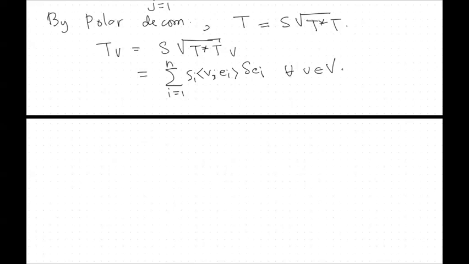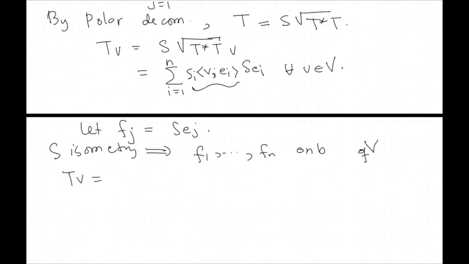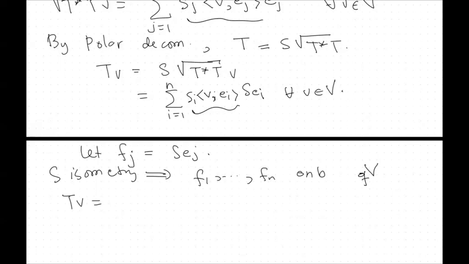All right. Now let f_j be the image of e_j under S. Since S is an isometry, this will give us that f1 to fn is also an orthonormal basis of V. Then T of v can now be written as the sum of s_i ⟨v, e_i⟩ f_i, i from 1 to n.